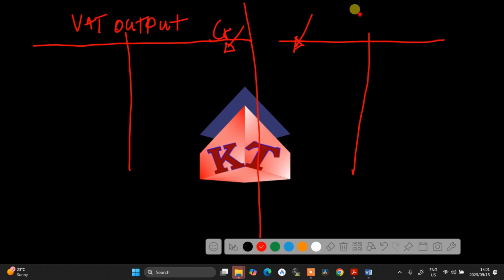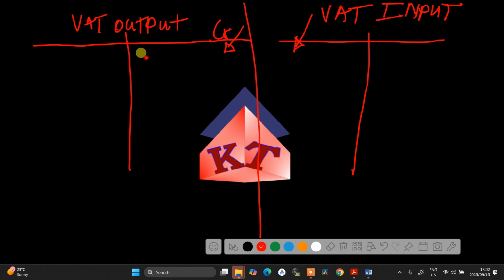So what this means is that in terms of the VAT Input Account, you are going to work mostly on this side here because it generally has a debit balance, okay? So whenever you're given an opening balance for a VAT input, you are going to write it on the debit side, and a VAT output, you're going to write it on your credit side.